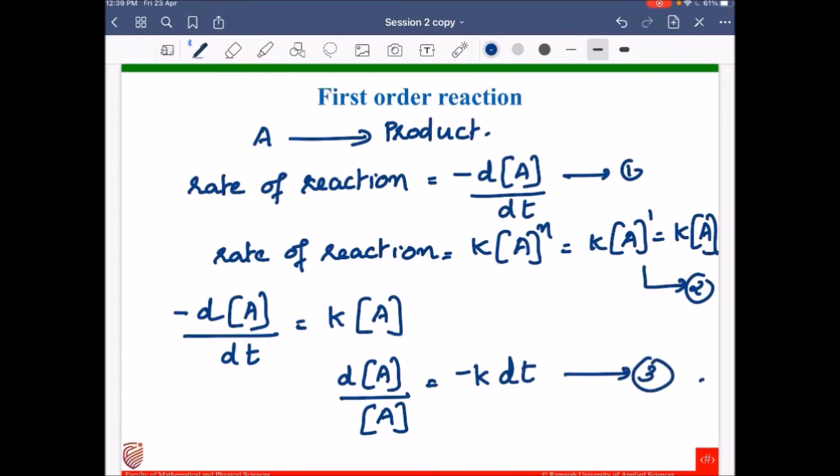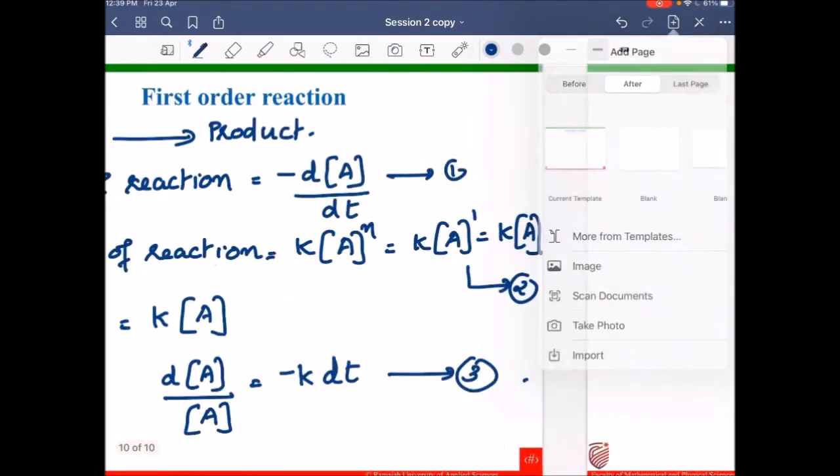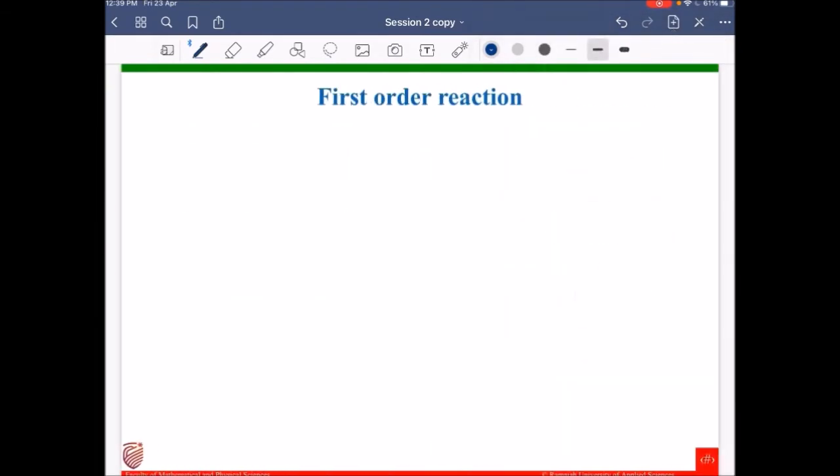Equation number 3. Next, we have to integrate this equation number 3. Integrating equation number 3.